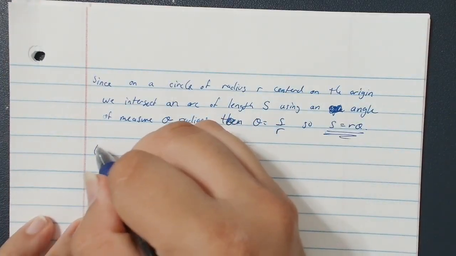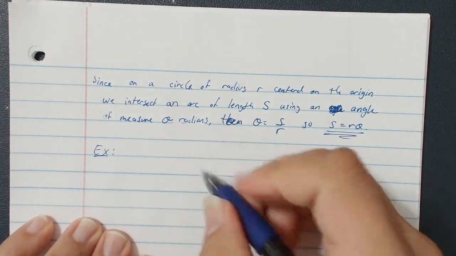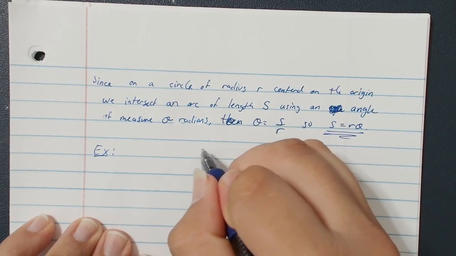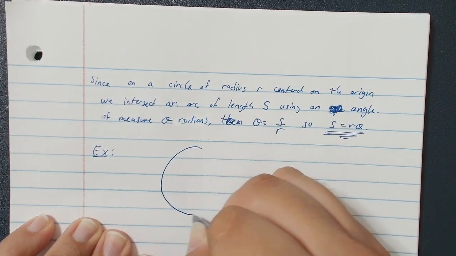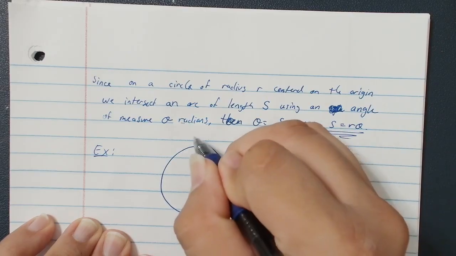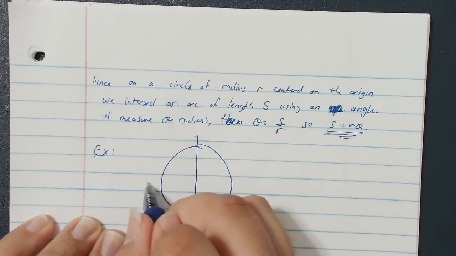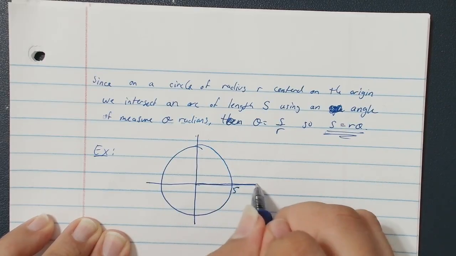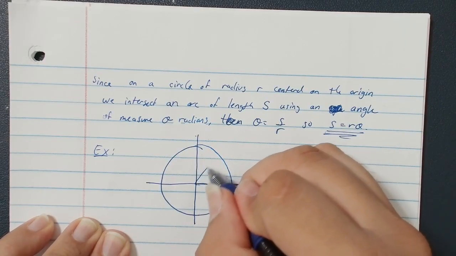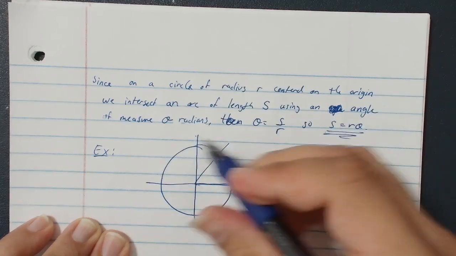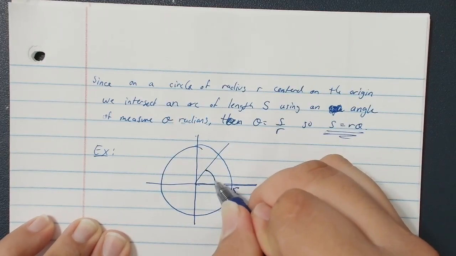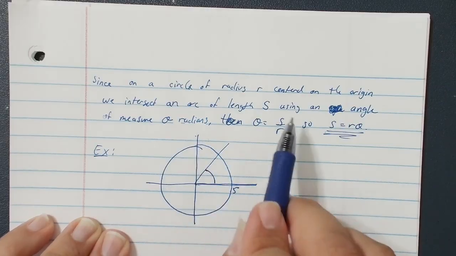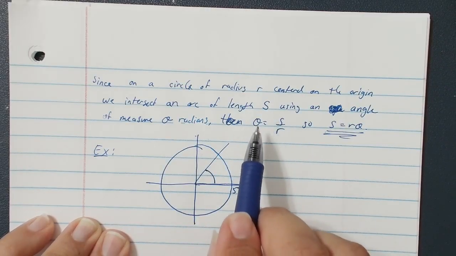So for example, let's say we have a circle where the radius is 5. We have an angle that crosses this circle, and the measure of this angle, now it has to be in radians. Here, this definition was in radians, not in degrees.